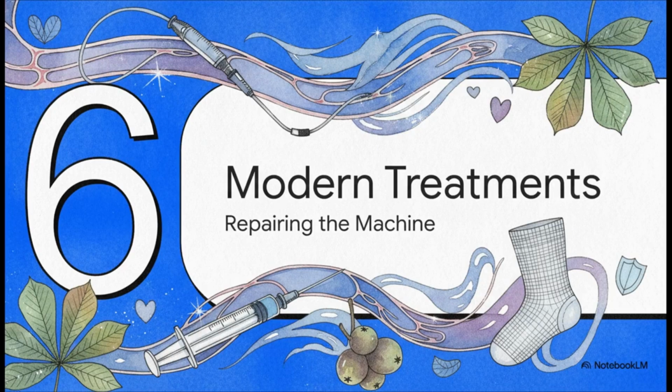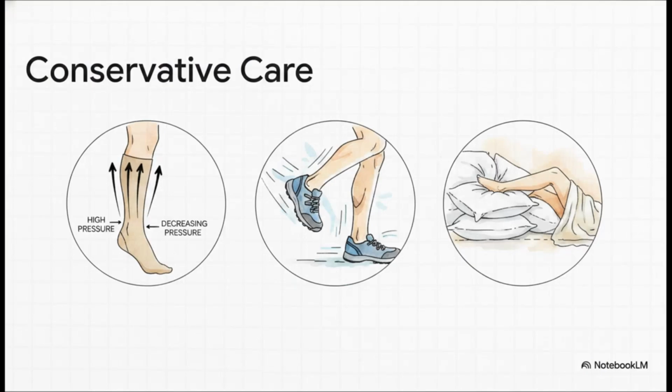Section 6. Modern treatments. Repairing the machine. Fortunately, medical science has developed incredible ways to manage this. Treatment absolutely always starts conservatively. The cornerstone here is graduated compression stockings. They're tightest down at the ankle and gradually loosen up as they go up the leg. They're quite literally assisting the veins in pushing that blood upward against gravity.